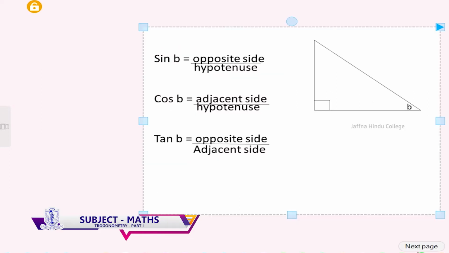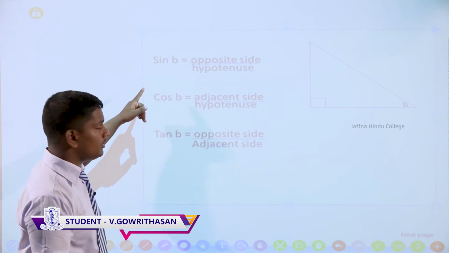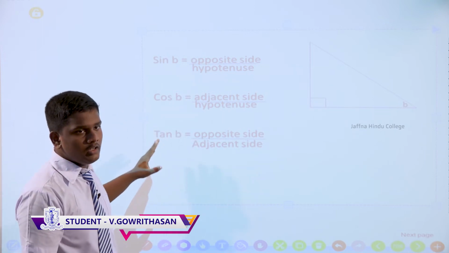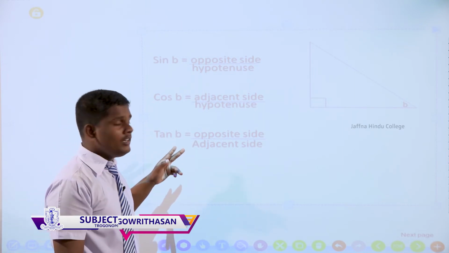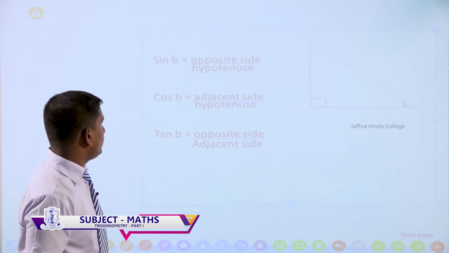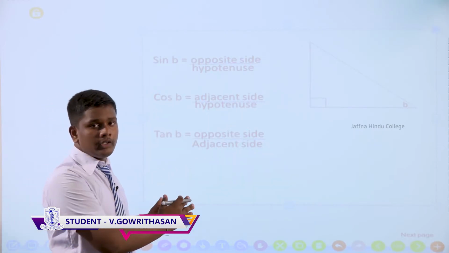These are the three trigonometric ratios. As we said earlier, there are 6 trigonometric ratios. In this chapter we only study 3; in advanced level we study the other 3. Sine means opposite side by hypotenuse.